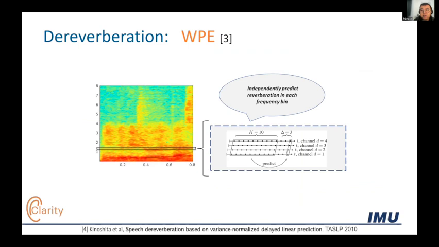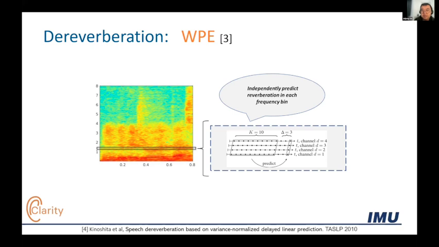This in-place processing style is not just used for neural network beamforming. It also works for dereverberation. For example, traditional dereverberation algorithms like WPE independently process linear prediction on each frequency bin, as you can see.